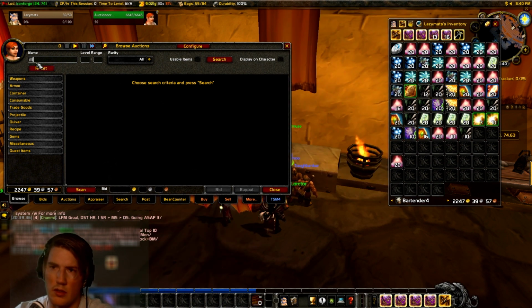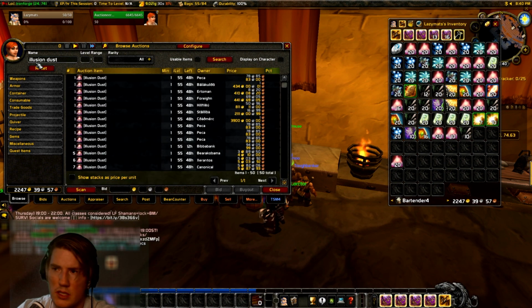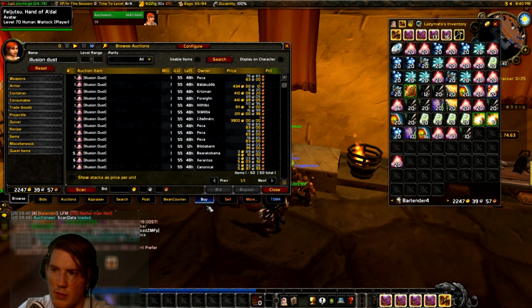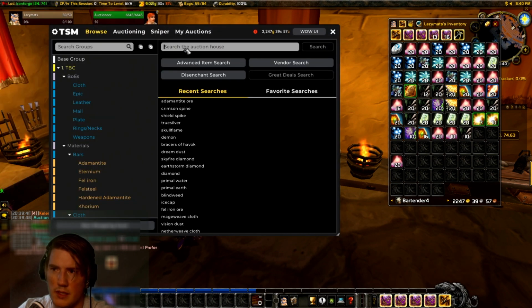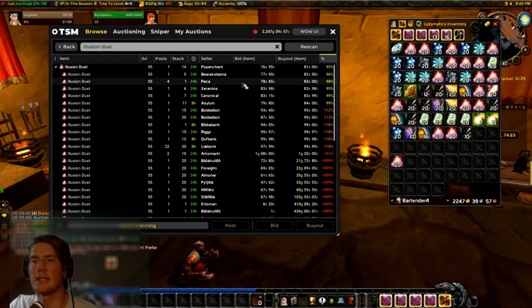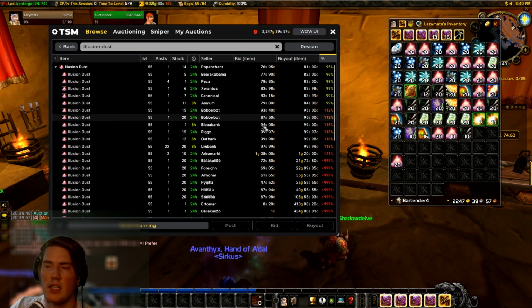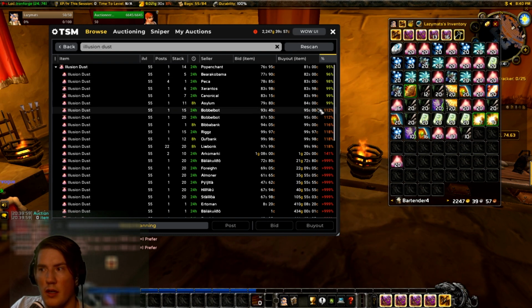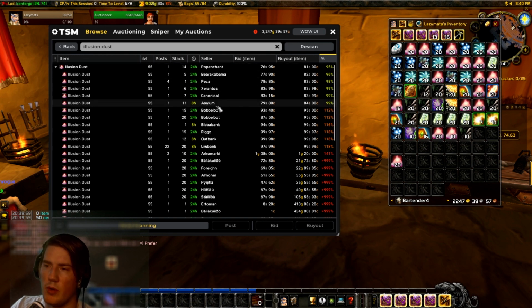So if you take a look at something that I have in my bags, like Illusion Dust, if I were to post this on the auction house right now, probably not a good idea to search with the basic UI, because that's worthless. But we can look with the TSM UI. People are selling these in specific stack sizes. Now, if someone needs a lot of Illusion Dust for whatever reason, maybe they're power leveling enchanting, they're going to want as much as possible, right?